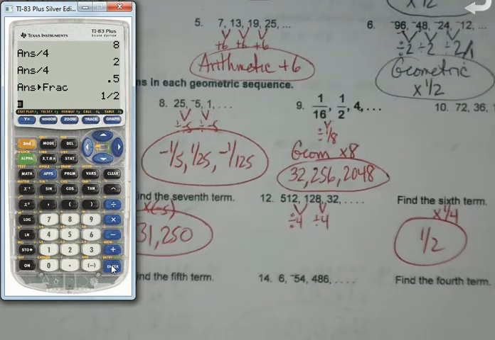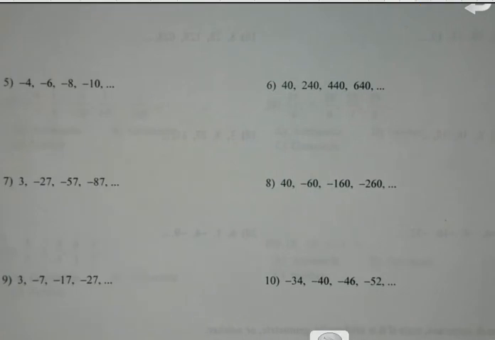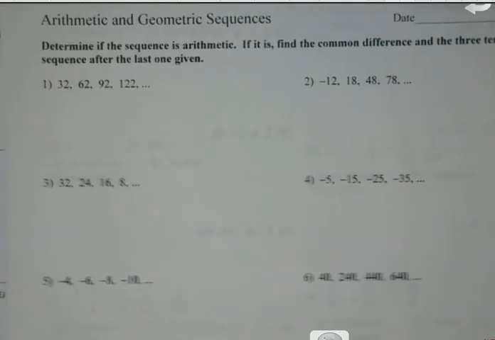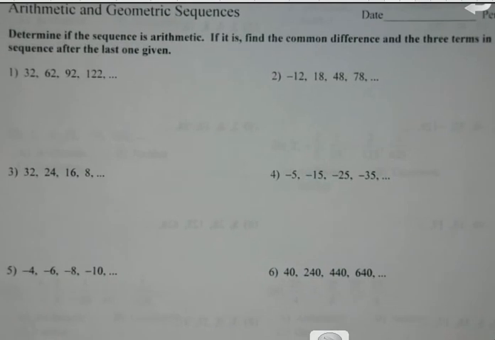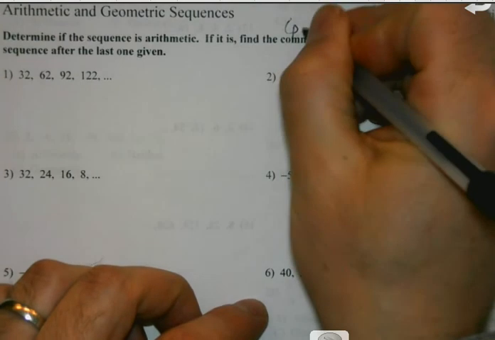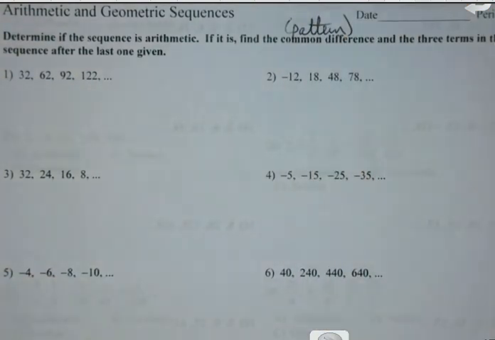So, in the packet that we're working with, underneath here, let me shrink this down. On the first side, it says determine if the sequence is arithmetic. If it is, find the common difference, which is just a fancy way of saying find the pattern, and the next 3 terms in the sequence after the last one given. Now that's only if it's actually arithmetic.